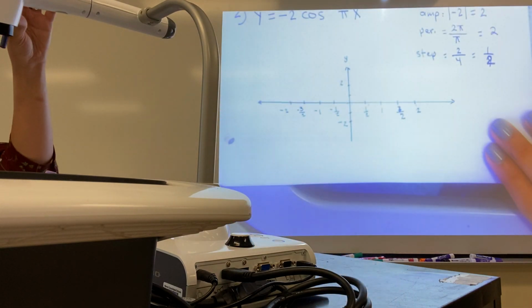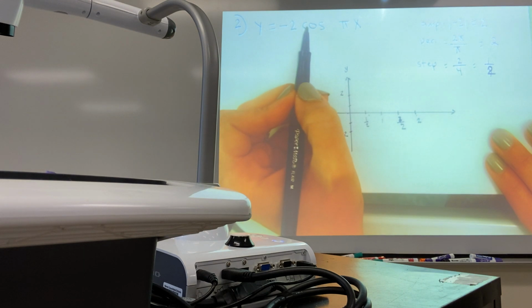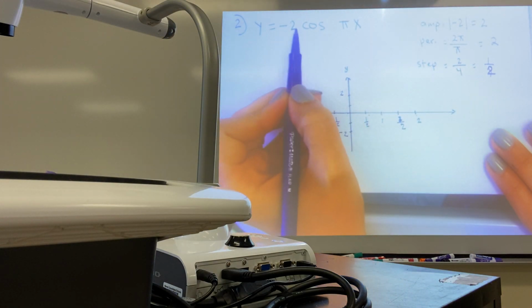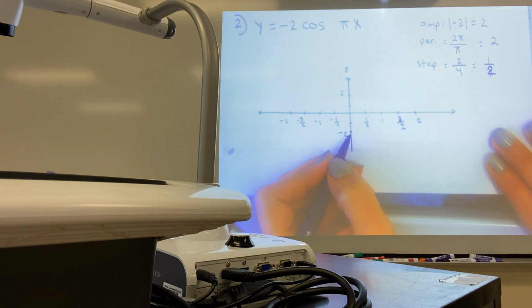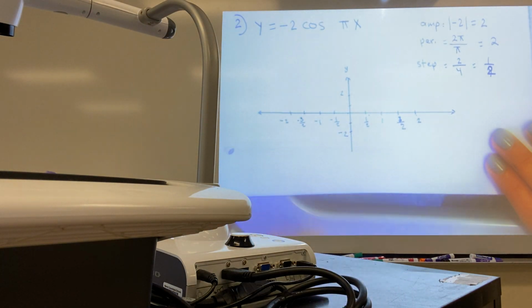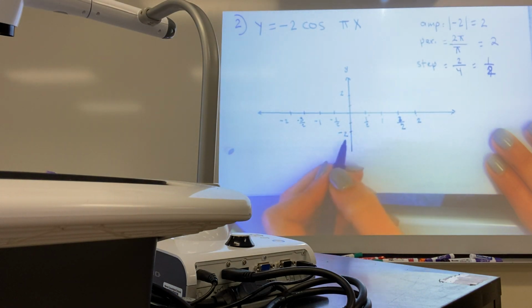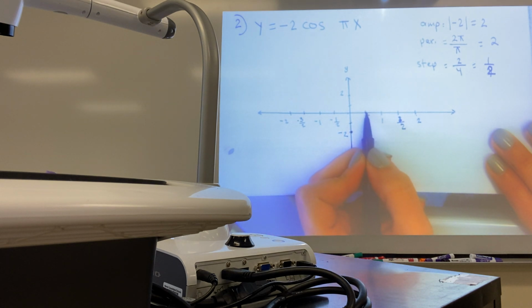Taking these values of x, plug it in here in the function, then multiply by pi, take the cosine of it, multiply by -2 and that will give you the cosine function each time. And remember, since this is negative, my graph will be upside down, flipped over. So instead of starting here, I will start down here. So my first point when x is 0, this will be -2. We'll go up to here.